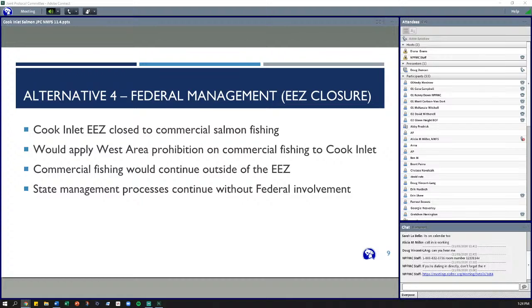Commercial salmon fishing would continue to occur outside of the EEZ, and by that I mean inside of state of Alaska waters. And in these state waters fisheries, of course, there would be no additional federal involvement through the council process or otherwise.